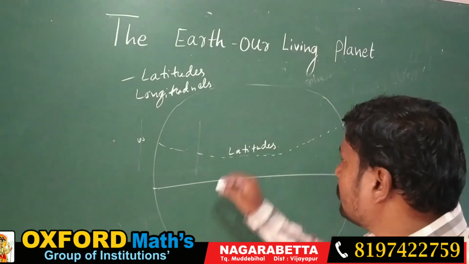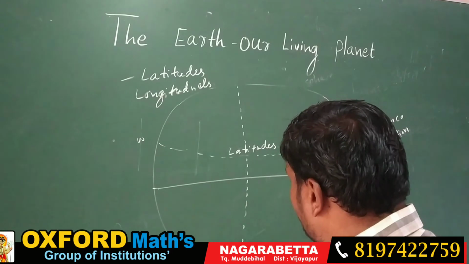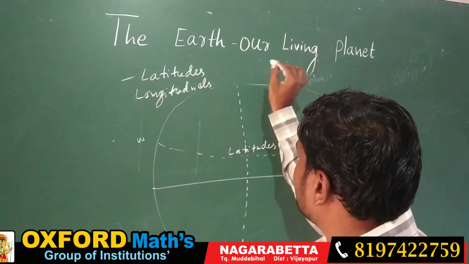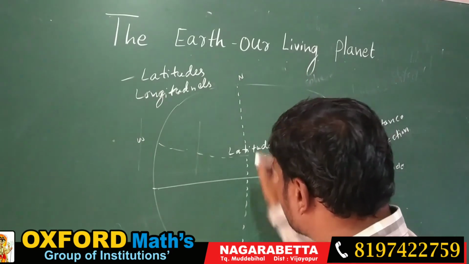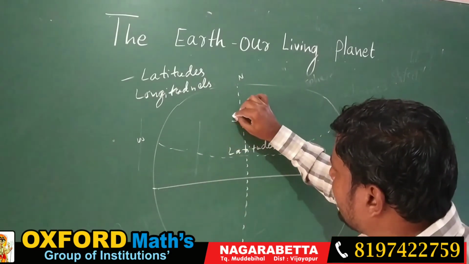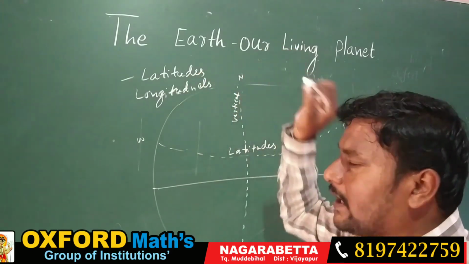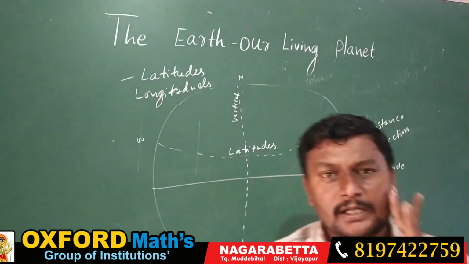Understood? Another important set of lines is drawn vertically on the earth, from north to south or south to north. These vertical lines are called longitudinal lines.